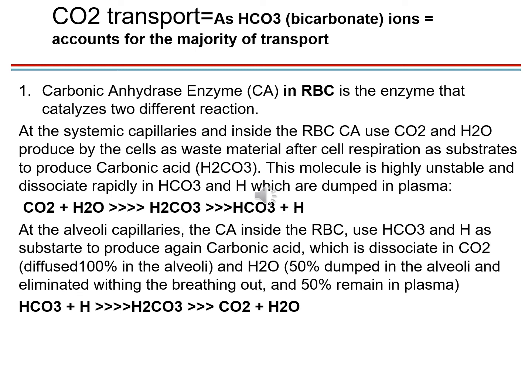But the other 50% roughly remains in plasma, because the main component of plasma is water. You have here the two chemical reactions that take place in both capillaries. In the systemic capillaries, that is the first one, bolded, and the second one is produced at the alveolar capillaries. And you have to be very knowledgeable about these two reactions.